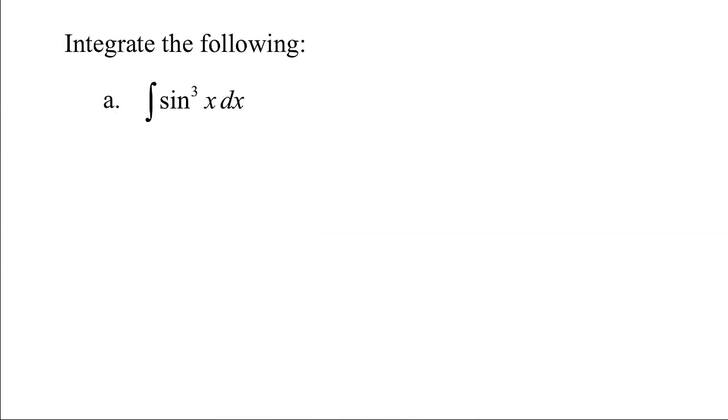Okay, so in my first one, I have sine to the third dx. I do not know the antiderivative for sine cubed. Normally, we would do u substitution, where I would let u be sine of x, and then du would be cosine of x dx, but I don't have a cosine involved in my integrand.